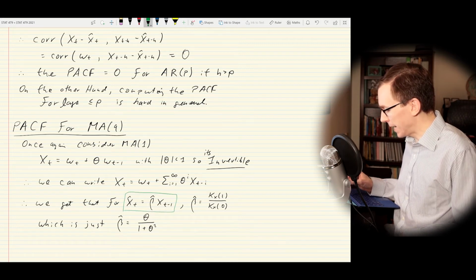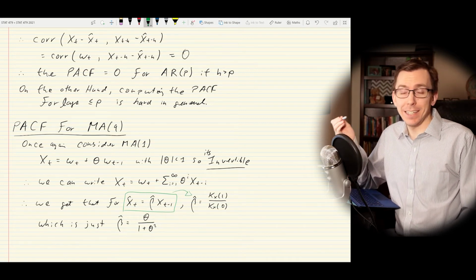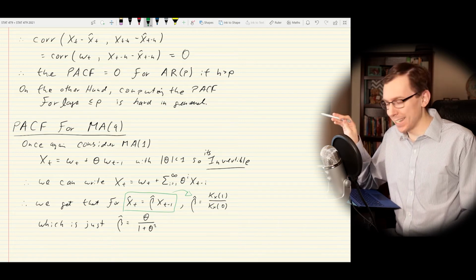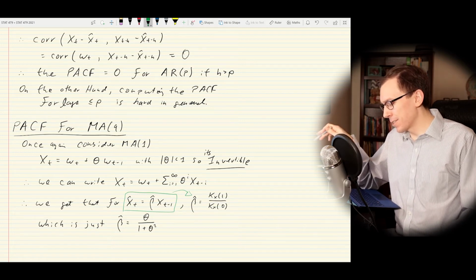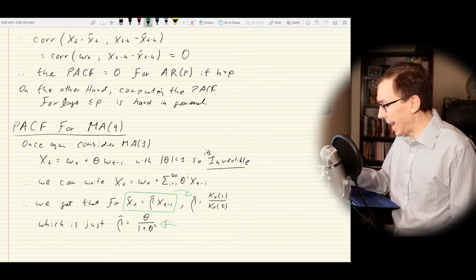I can solve for the beta hat the exact same way I did last time. The only difference is now k is different. The autocovariance is no longer the autocovariance for the AR process. It's now the autocovariance for the MA1 process, which gets us this new value for beta hat.